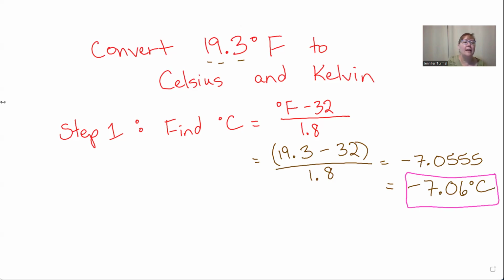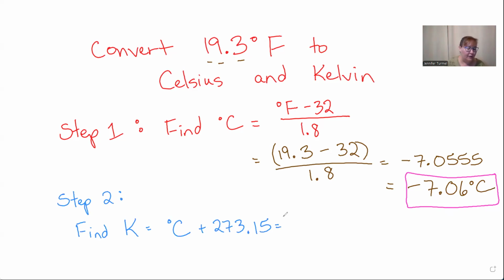So now let's take a look at our step 2 here, and finishing that up and finding our kelvins. So we'll find Kelvin, okay, by doing our degrees Celsius plus 273.15. And the adding and subtracting rules are a little different, so we'll be keeping all of the digits on this one.